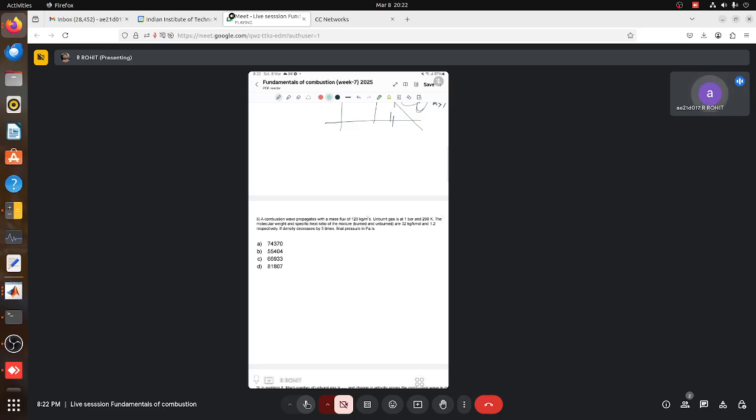The molecular weight and the specific heat ratio of the mixture, burnt and unburnt, are 32 kg per kilomole and 1.2 respectively. If density decreases by 5 times, the final pressure in Pascal is what the question is. So maybe I'll wait for 5 or 6 minutes for you to try it out. Then later I will explain the answer.